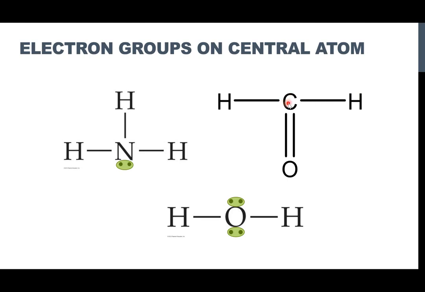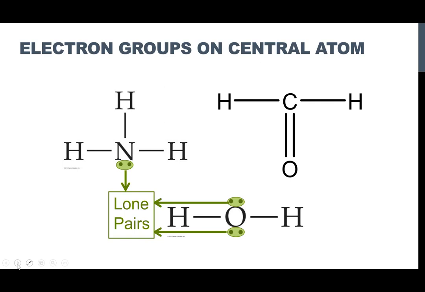In this one here, we're going to have our carbon as our central atom. We see these 3 things around it. And here's our oxygen as our central atom with its bonding pairs and lone pairs. So the central atom is going to be our pivot point.